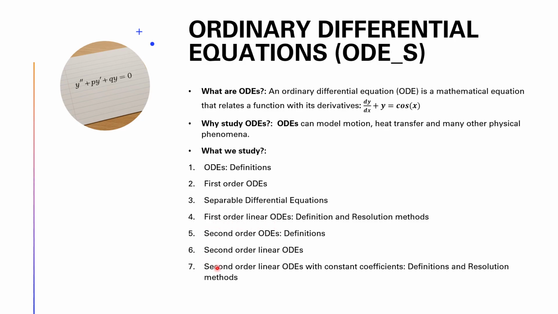Then we will move into second order ODEs, right? Which are the differential equations that involve the second derivative. We'll see definitions and how we can solve them. And we'll finish with another special type, which is second order linear ODEs with constant coefficients. We'll see also the definitions and how we can solve them, right?